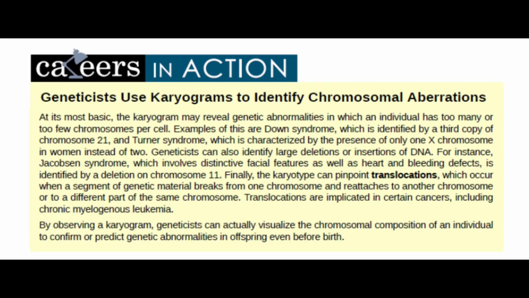Translocations are implicated in certain cancers, including chronic myelogenous leukemia. By observing a karyogram, geneticists can actually visualize the chromosomal composition of an individual to confirm or predict genetic abnormalities in offspring even before birth.